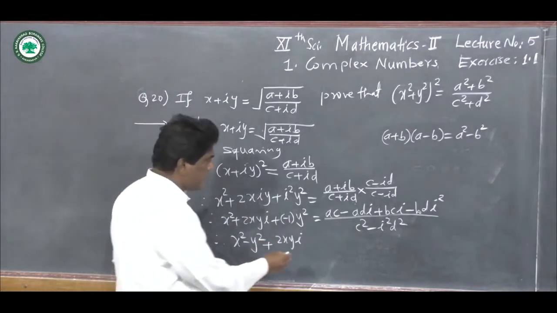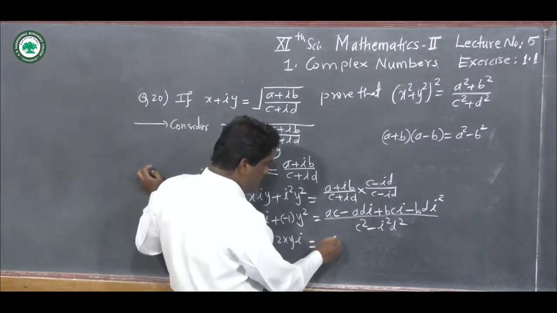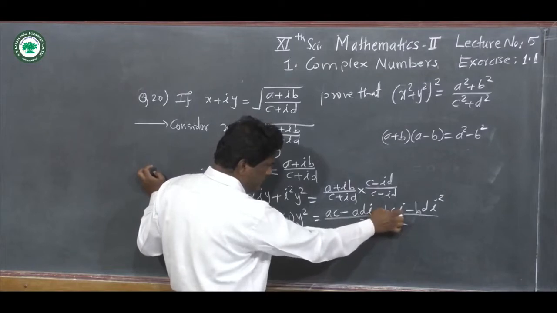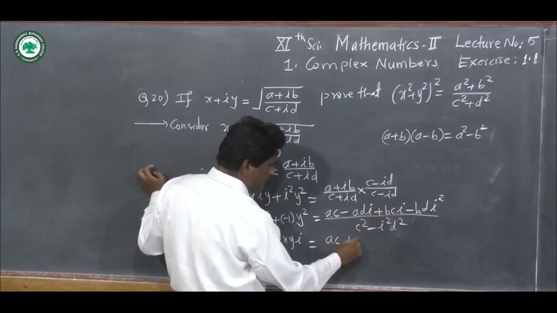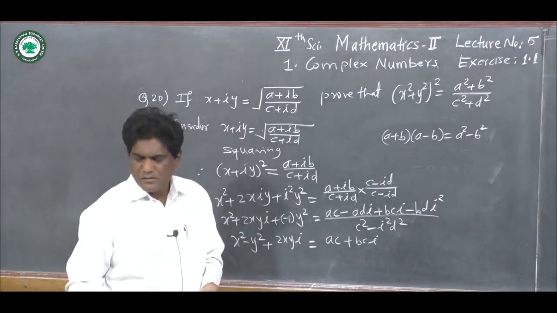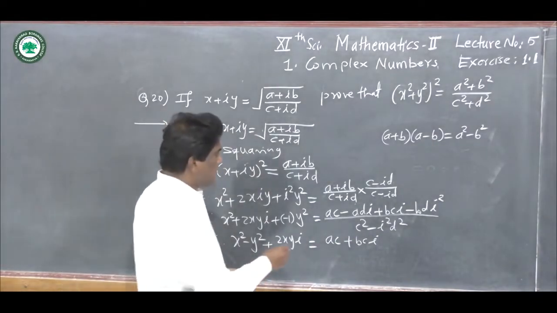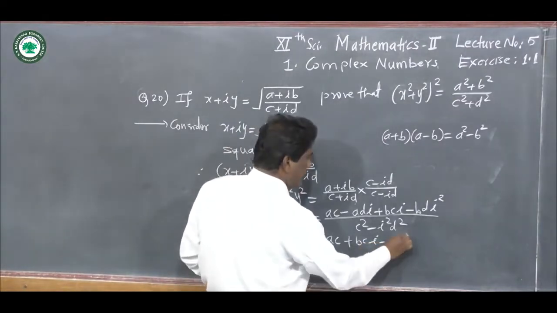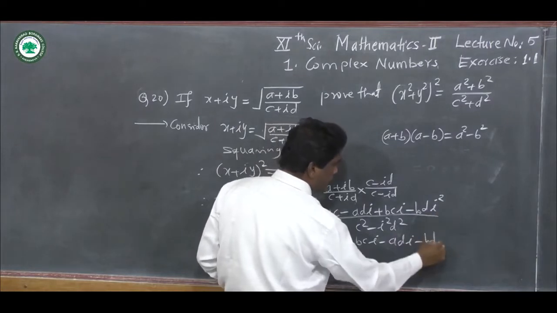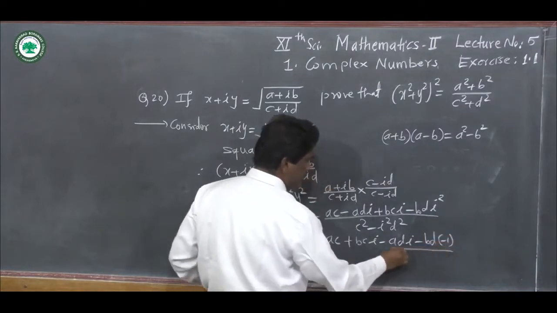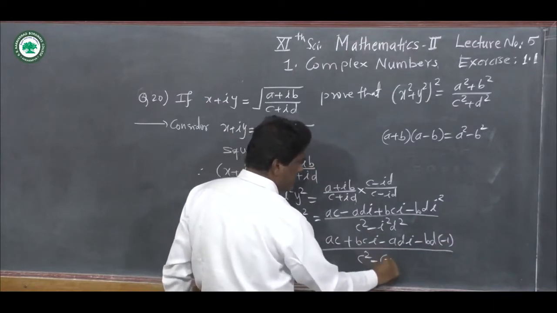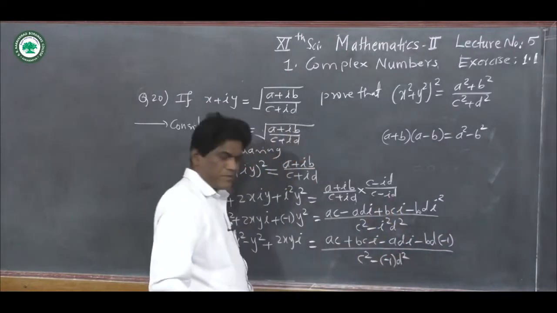Now on the right hand side it is equal to this ac, now here we write plus bci, minus adi, minus here bd into i² is minus 1. We know i² is minus 1, divided by this c² minus here i² is minus 1 into d².